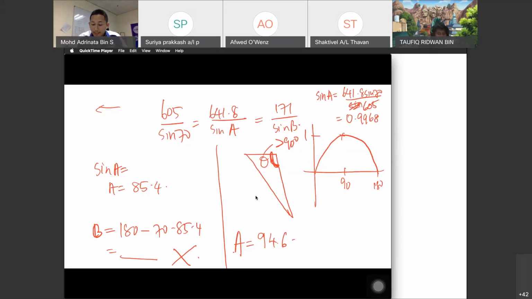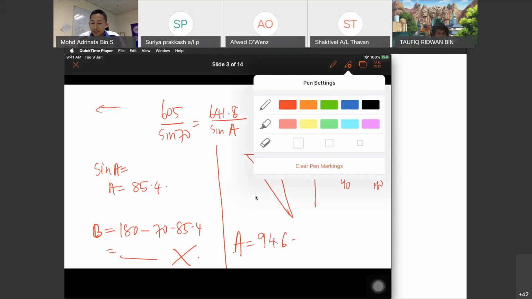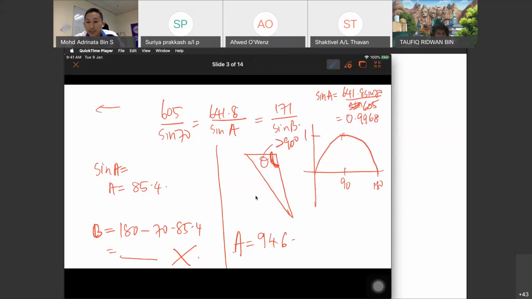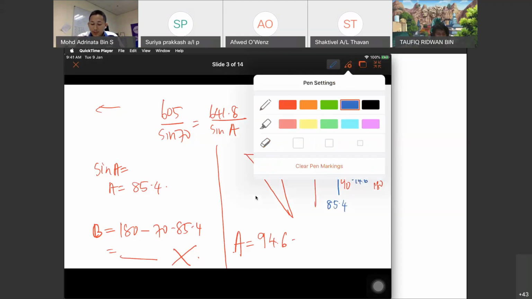Okay, this is actually, if you use your calculator, it will show the below than 90 degrees because you have 0.9968 here and here. Okay, so this one is 85.4 and this one is 94.6.